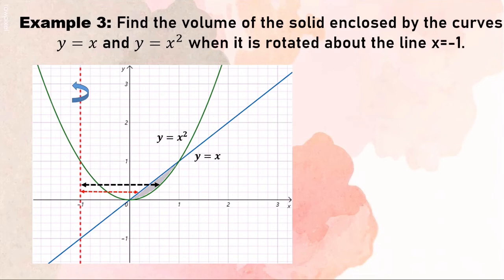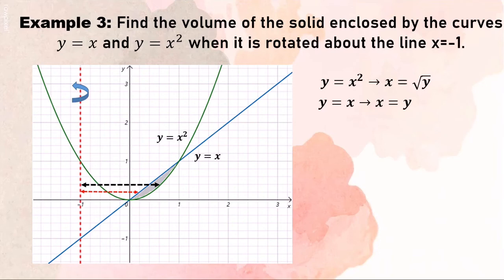Since the problem is parallel to the y-axis, but the given curves are with respect to x, we will convert these functions with respect to y. So y equals x squared becomes x equals square root of y, and y equals x, if we convert it, would be x equals y.